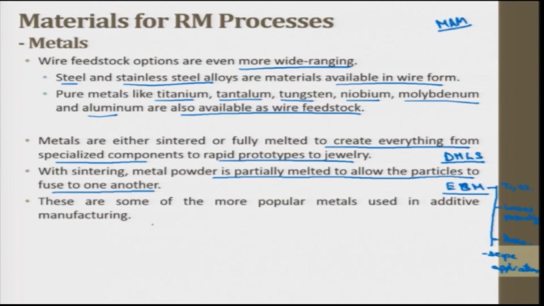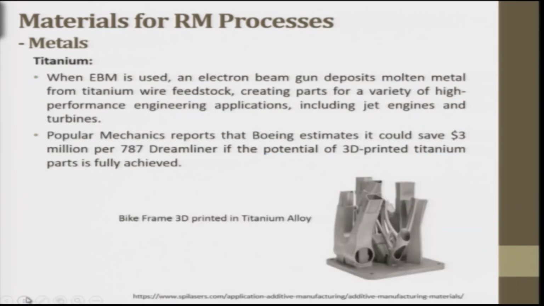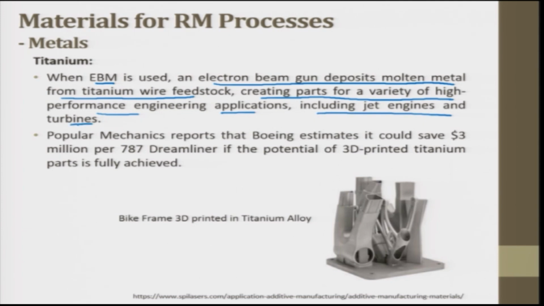So there are some of the more popular metals used in additive manufacturing. A few of them, number one, is titanium. When EBM is used, an electron beam gun deposits molten metal from titanium wire feedstock, creating parts for a variety of high performance engineering applications, including jet engines and turbines.